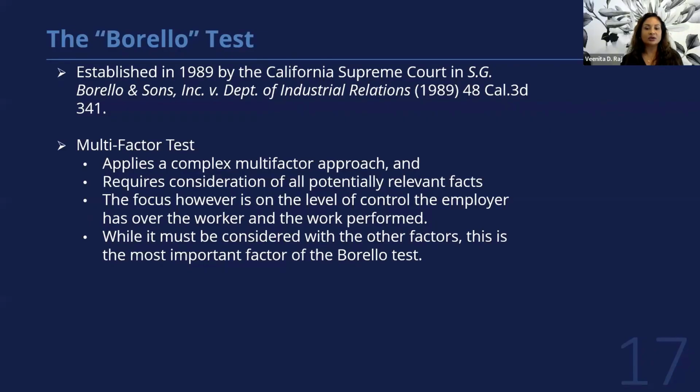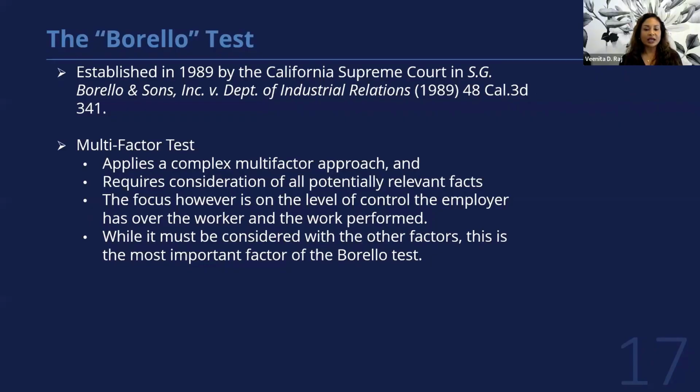You probably notice that this is also an overriding factor with the ABC test and the business-to-business exemption. Put another way, whether the potential employer has control over the manner and means of accomplishing the result desired. While the right of control must be considered with the other factors, it is essentially considered the most important factor of the Borello test.